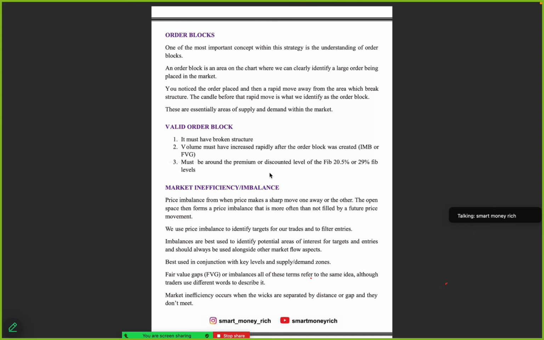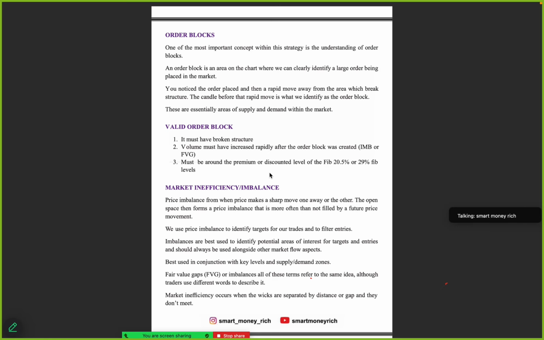Like I told you guys, they trade with trillions. They are the banks, they are the institutions. These are the big institutions in the world, so they have trillions of dollars. The smart money traders are the ones that move the market in their own direction.